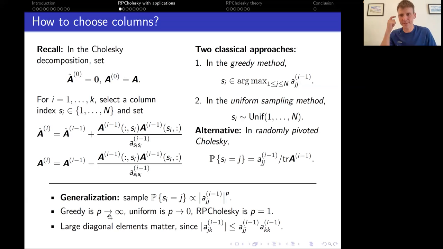So the greedy method would be the p goes to infinity limit. I think of that as the 0 temperature algorithm. Uniform sampling is the p goes to 0 limit. I think of that as the infinite temperature algorithm. And then RP Cholesky is literally setting p equals 1.